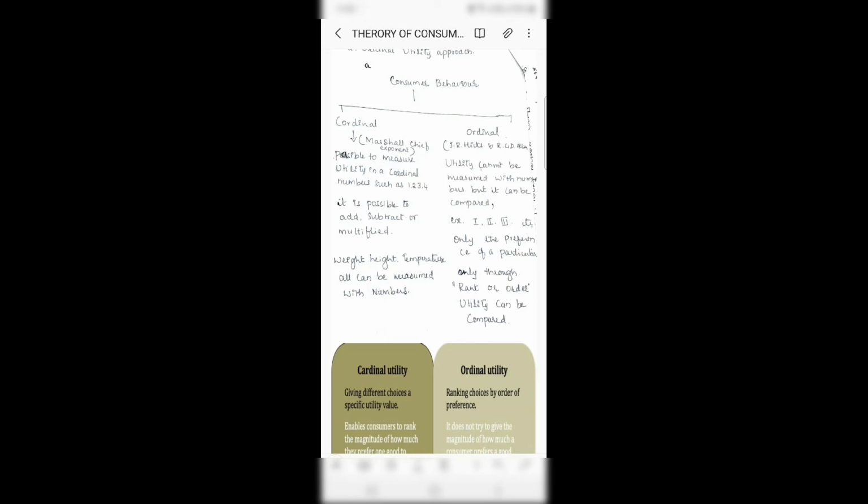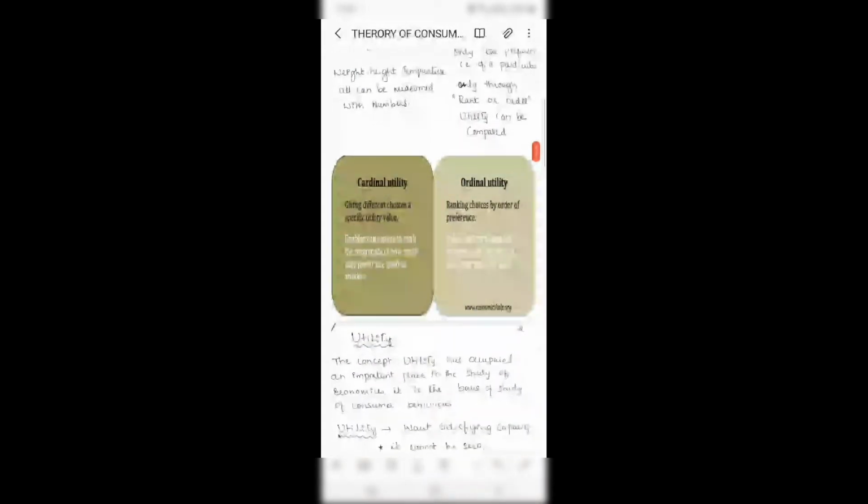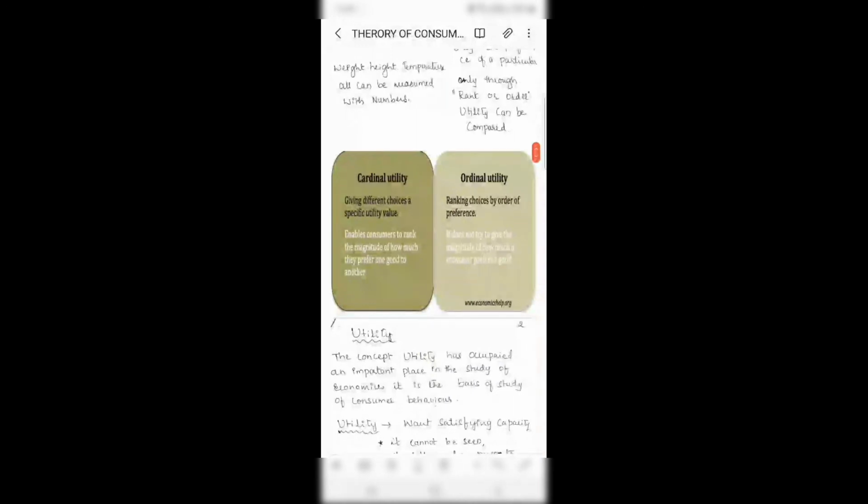Opposite to that, in the ordinal approach, utility cannot be measured with numbers, but it can be compared, for example, first place, second place, third place, etc. It is only through rank or order that utility can be compared.